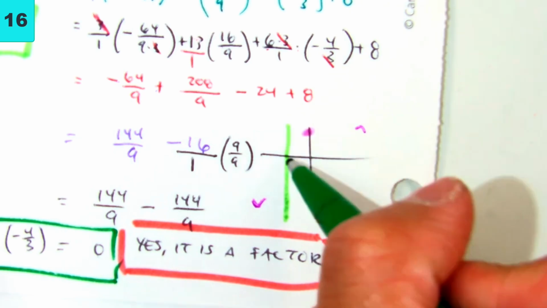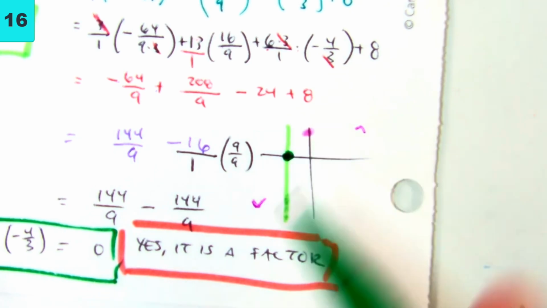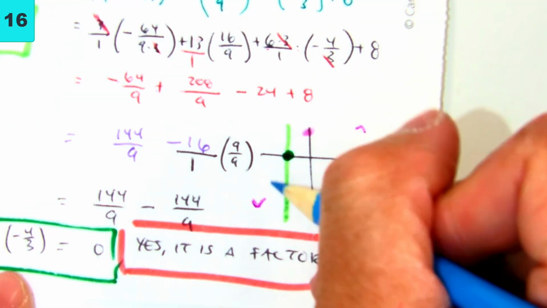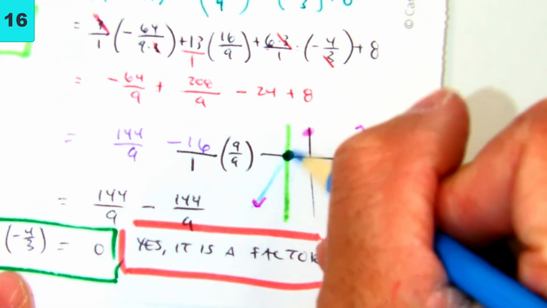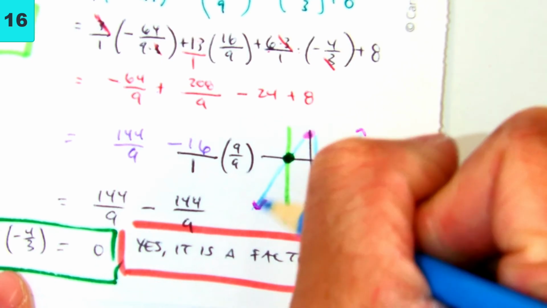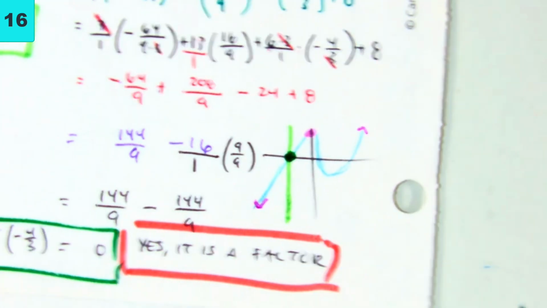It's actually on the x-axis itself. Super important. And then I can just sketch my points. And there's a quick sketch of my graph.